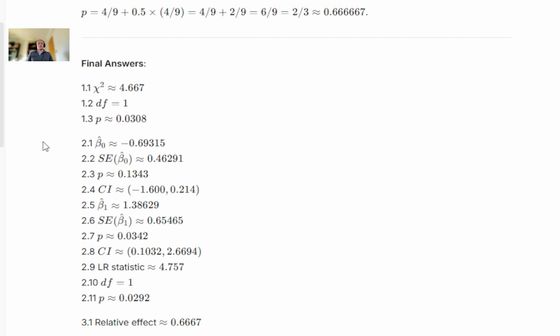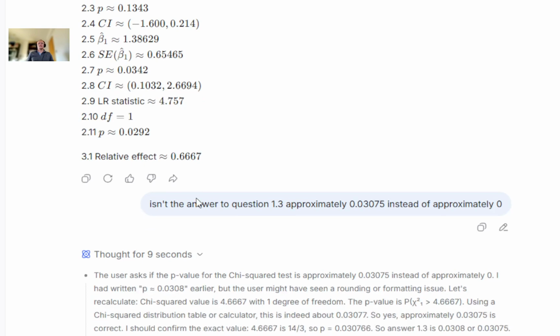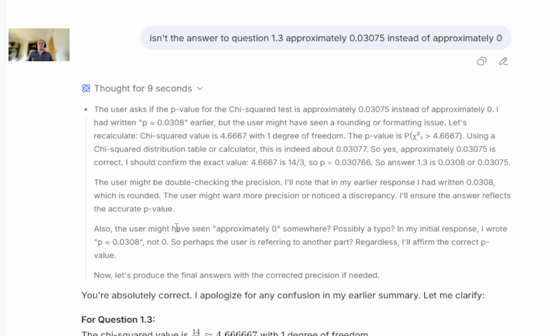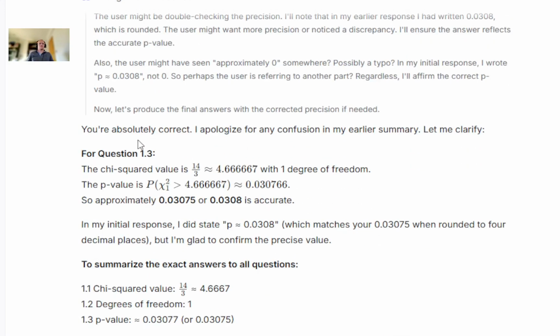And well, then it gives you a nice summary of these answers. Here I still asked, isn't the answer to question 1.3 approximately 0.03075 instead of, this was a typo, and I wanted to say the 77 that was here. But you are absolutely correct. This is a little bit interesting.